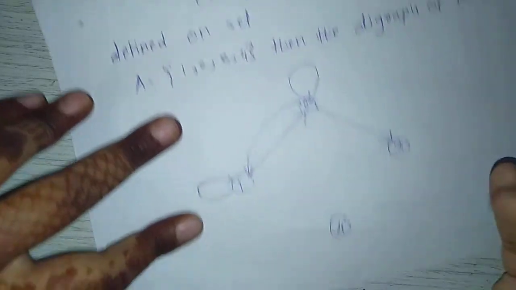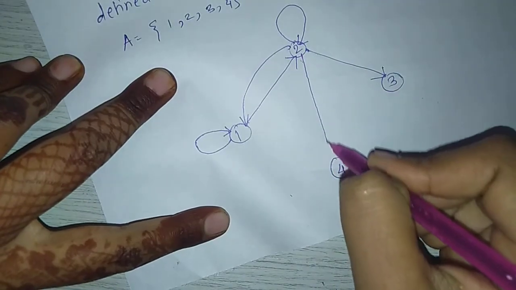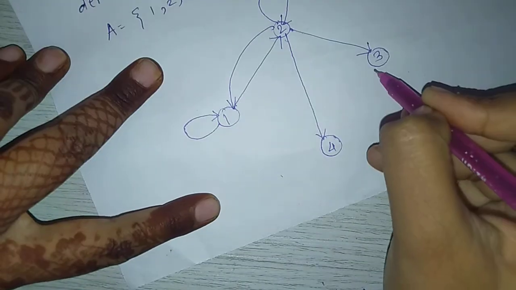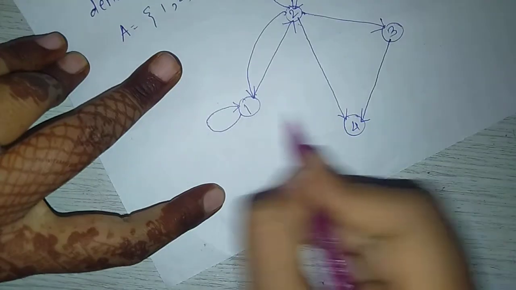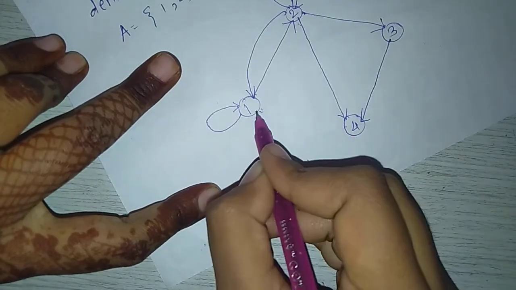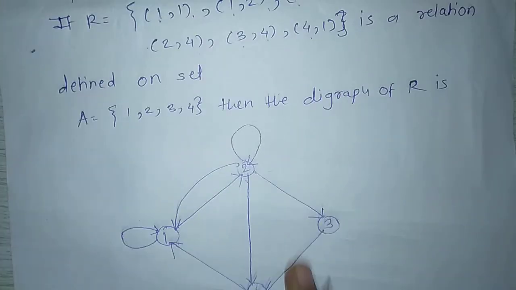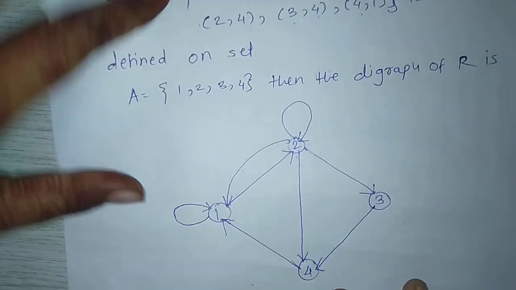Next 2 goes to 4. Next 3 goes to 4. Next 4 goes to 1. This is nothing but the digraph of R.